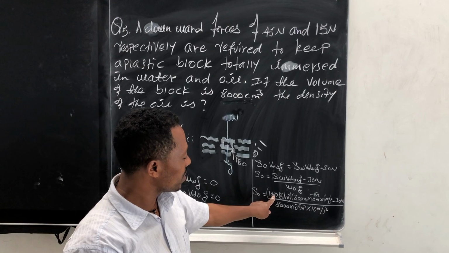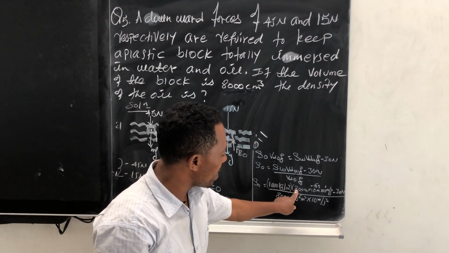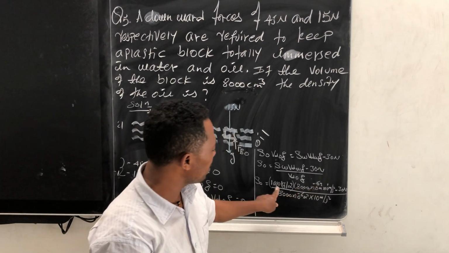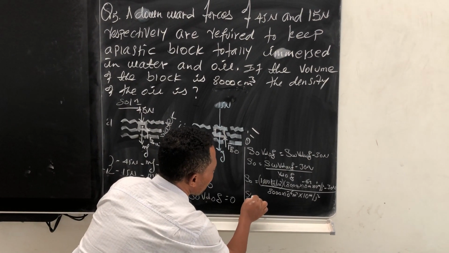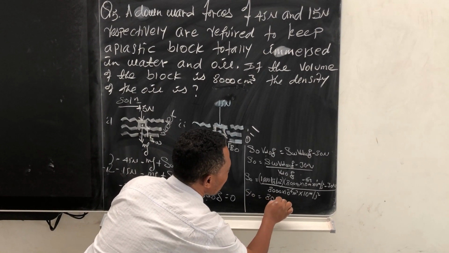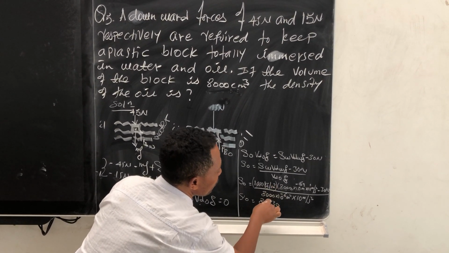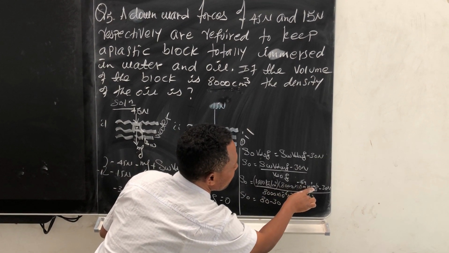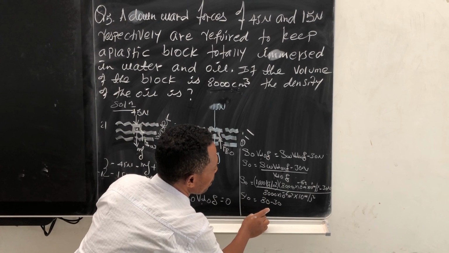While we multiply 8 times 10 to the power of negative 2 with 1,000, it becomes 80 minus 30 kilogram meter per second squared, which is known as Newton.